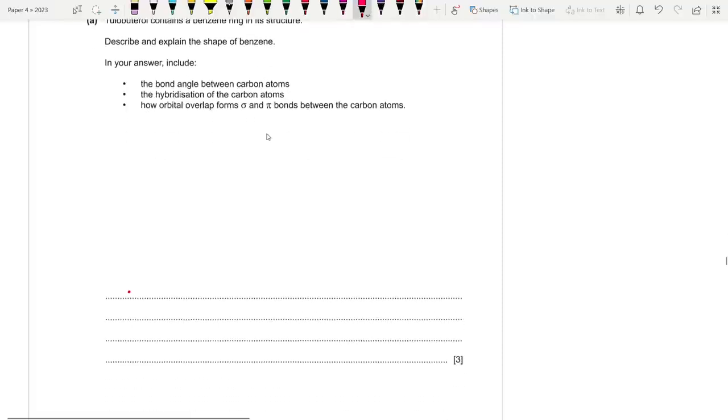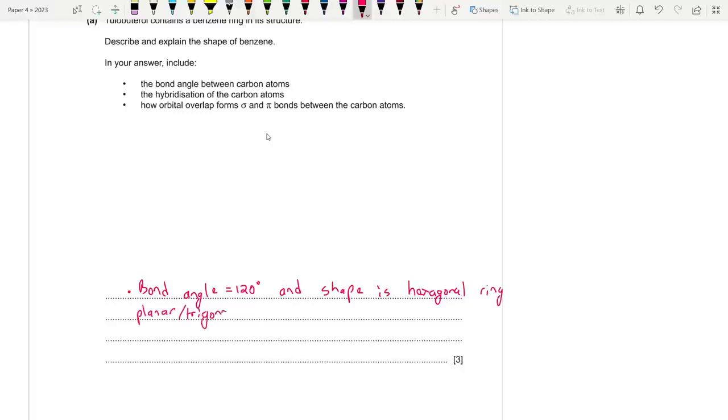So firstly, the bond angle is 120 degrees, and the shape is planar, or a hexagonal planar ring. You could just say that it's trigonal planar, because they're sp2 hybridized.